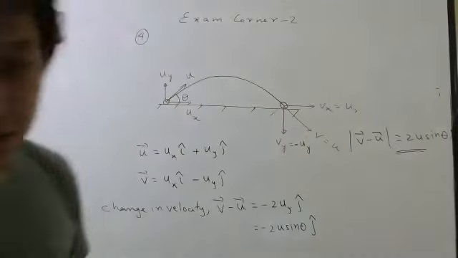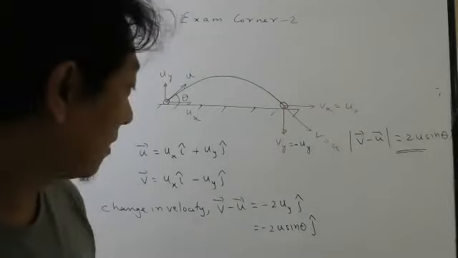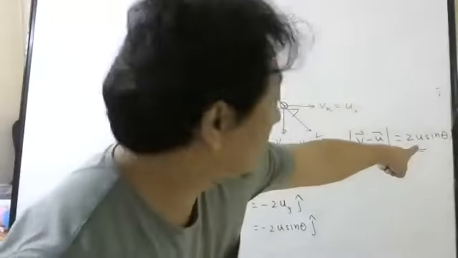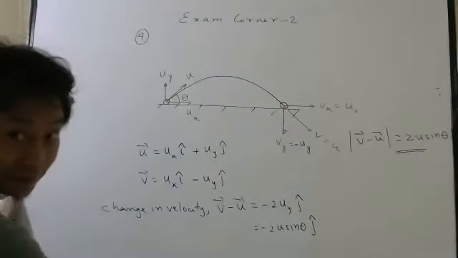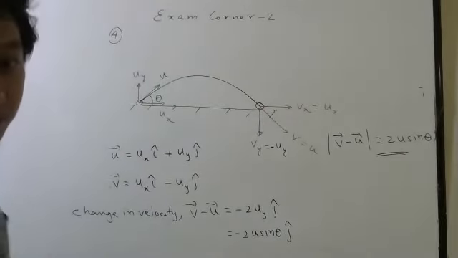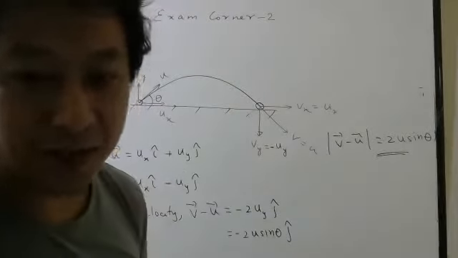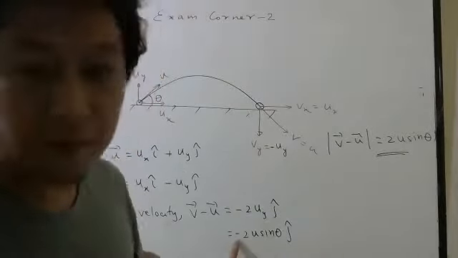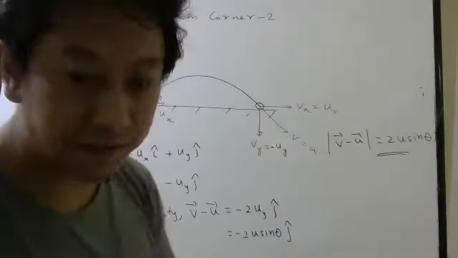That would be the answer if they ask magnitude of change in velocity. Why did I not write j cap? Magnitude of j cap is 1 because it is a unit vector, and modulus of minus is plus only, so we don't have to write it.